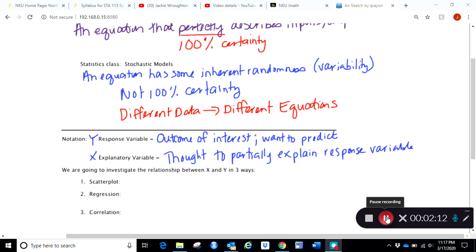Our overall goal of Chapter 4, this set of notes we're working on, is to investigate the relationship between x and y. And we're going to do that in three different ways. First, we're going to talk about scatter plots. The goal of a scatter plot is just to visualize the relationship between x and y with a graph.